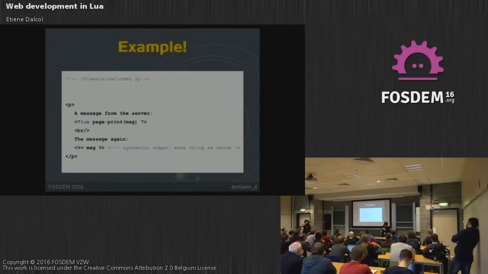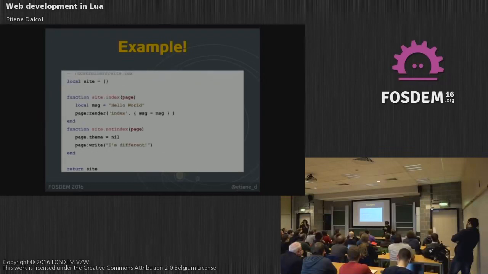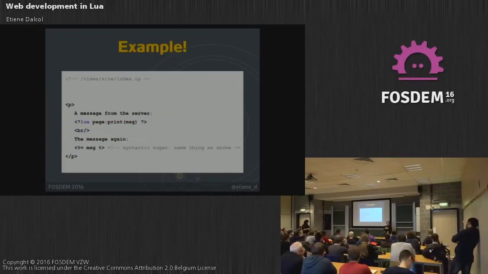Here I have the view example. So if you go back here, the last thing we're doing over here is rendering a view. So you're picking our view, and then you're passing some arguments to it. So we're creating a message here and passing it over there, and then we can access it in the view.